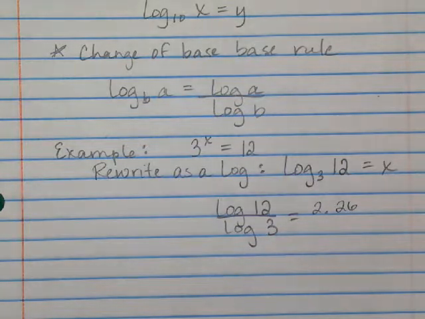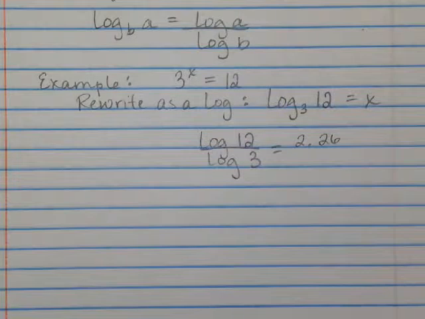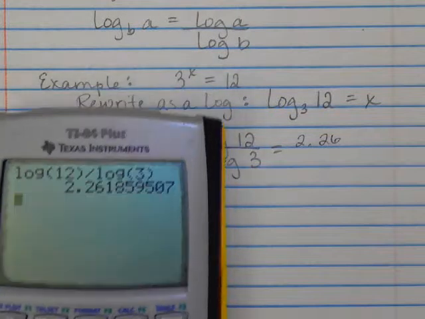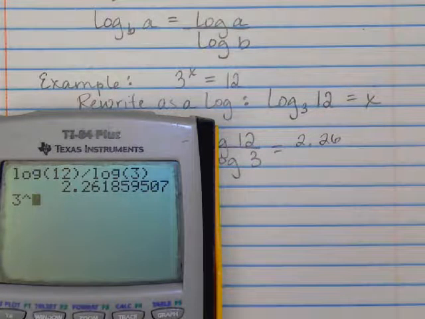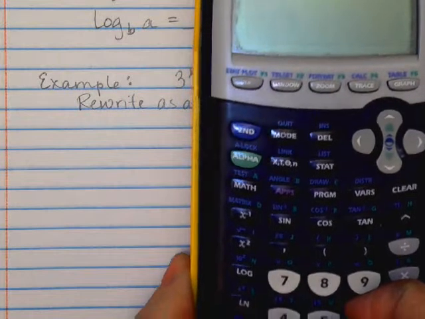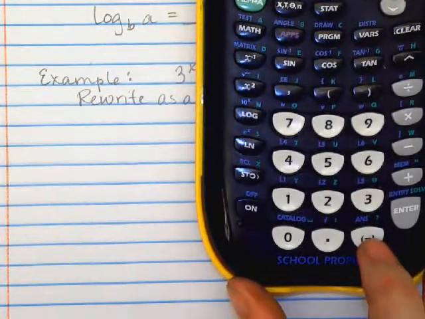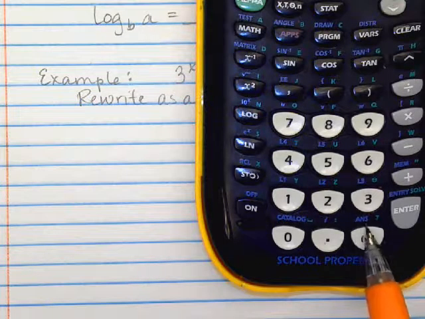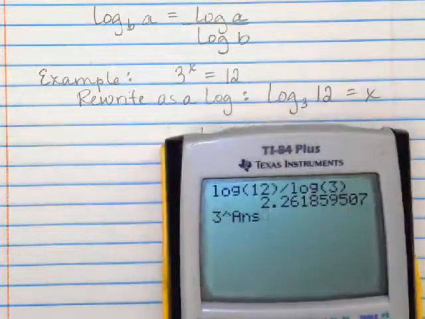And then we can also check and make sure that we're actually right by using the calculator once again. We can do 3 to the power of, and if we push the second key and the negative key, right here, there's a little answer in blue, and it brings up your answer on the screen.